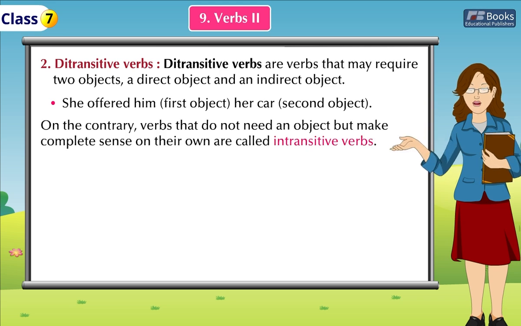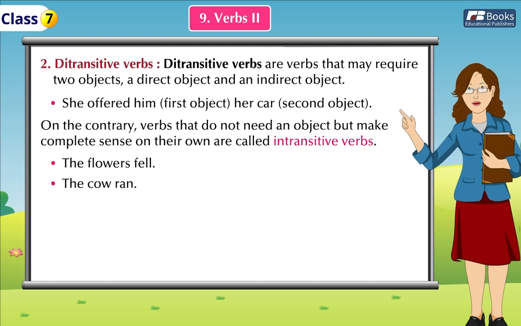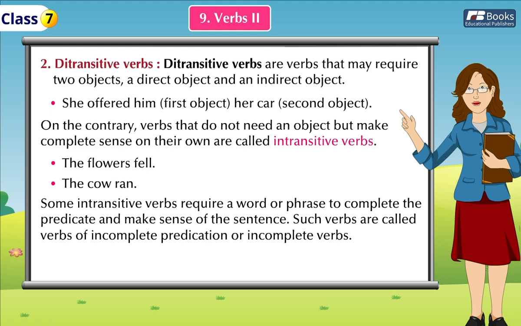On the contrary, verbs that do not need an object but make complete sense on their own are called intransitive verbs. The flowers fell. The cow ran. Some intransitive verbs require a word or phrase to complete the predicate and make sense of the sentence.